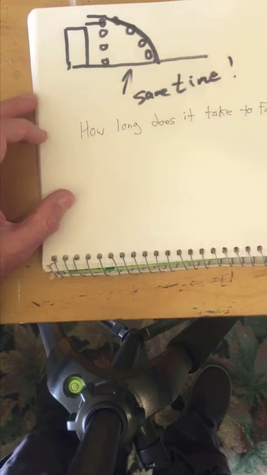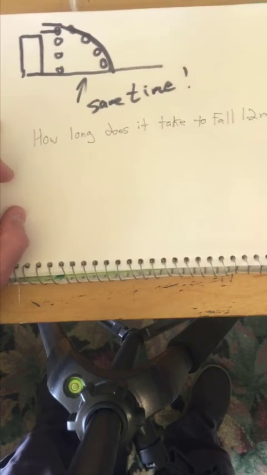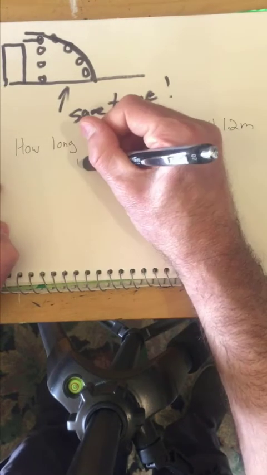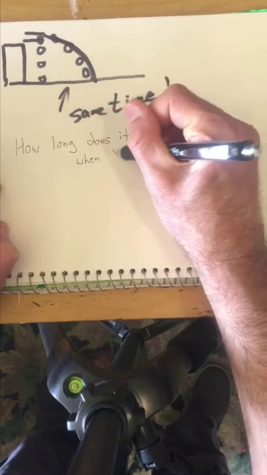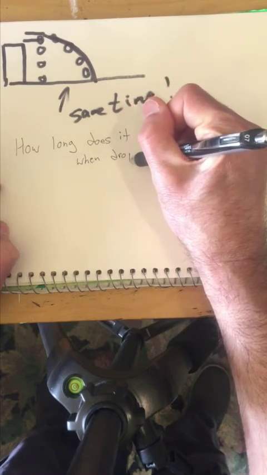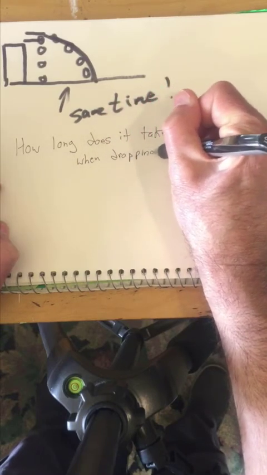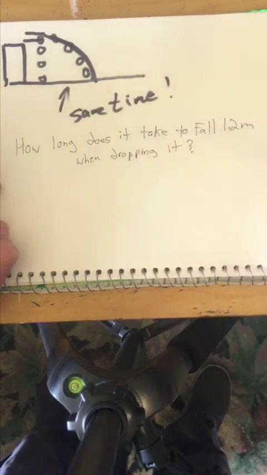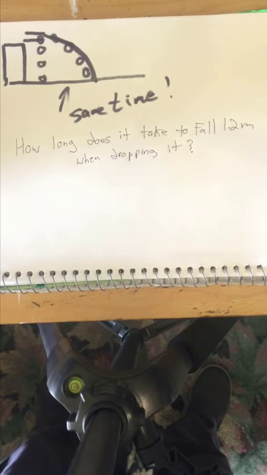So we're going to launch an object from a height of 1.2 meters by just dropping it. Let's drop an object from a height of 1.2 meters and see what happens.